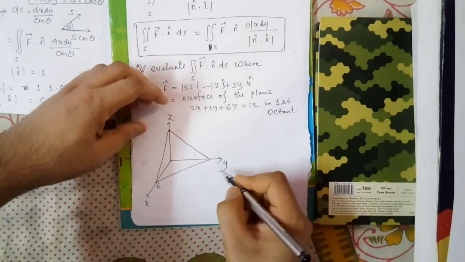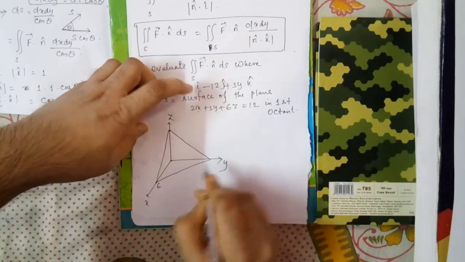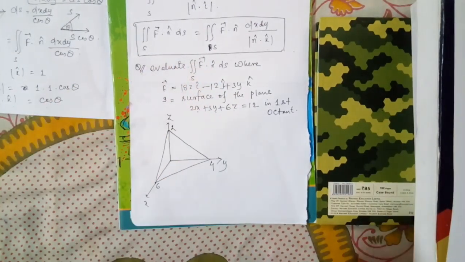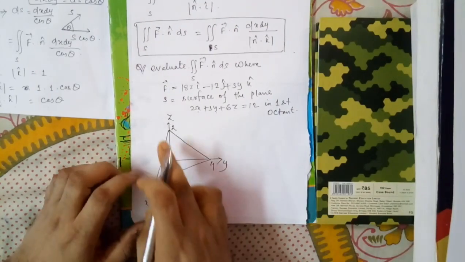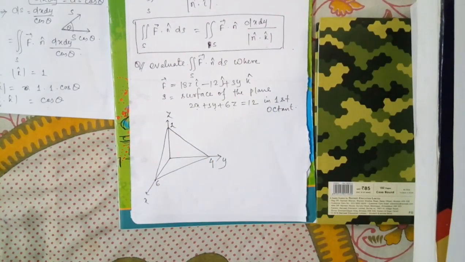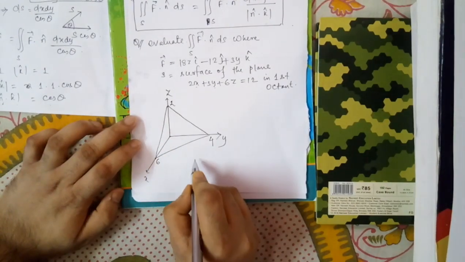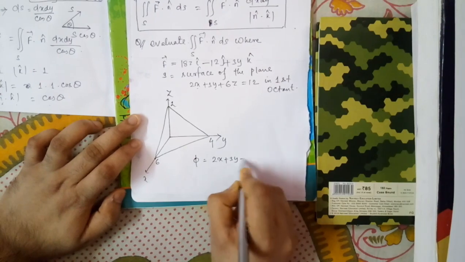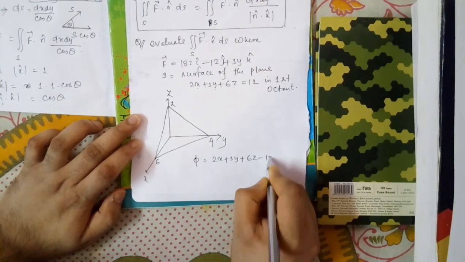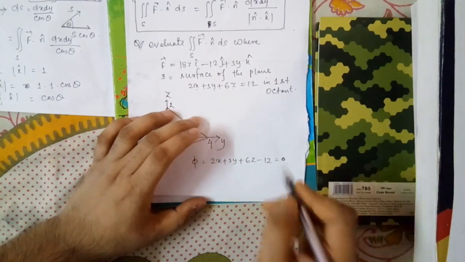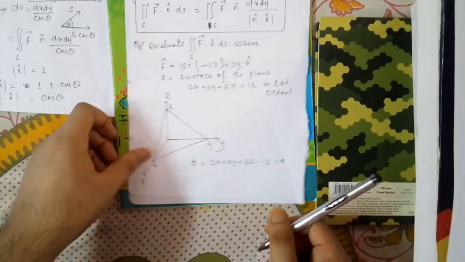Similarly, it will cut the y-axis at 4 and the z-axis at 2. These are the three intersection points on the x, y, z axes. Now the plane is given as 2x plus 3y plus 6z minus 12 equals 0.